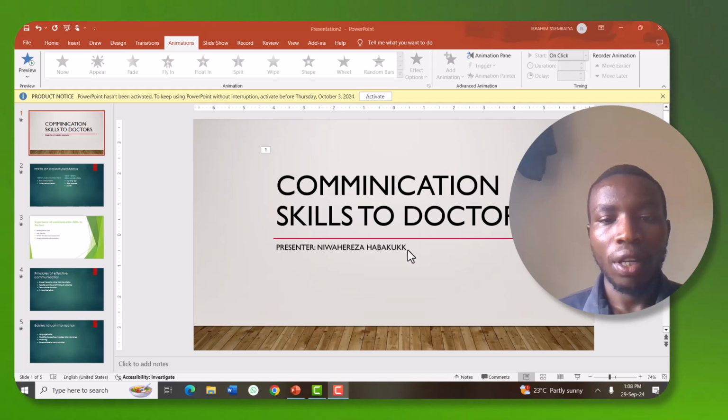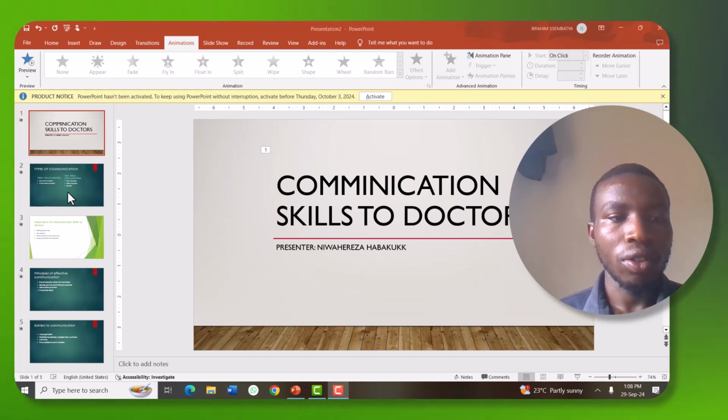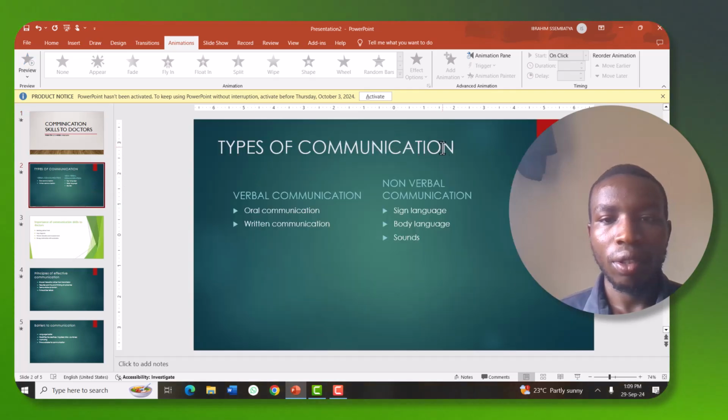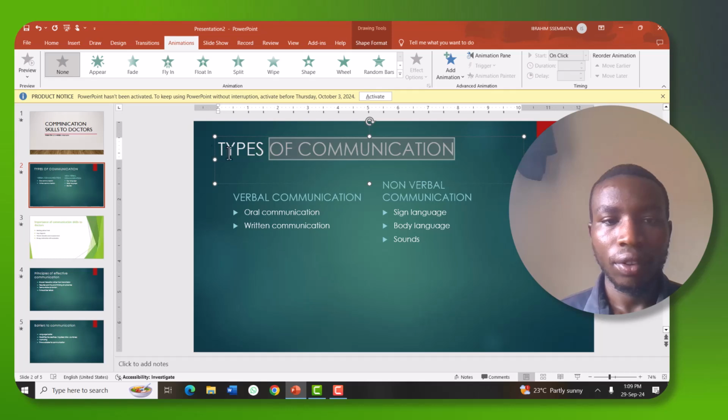You can only apply the entrance animations on each slide to make it more clear.